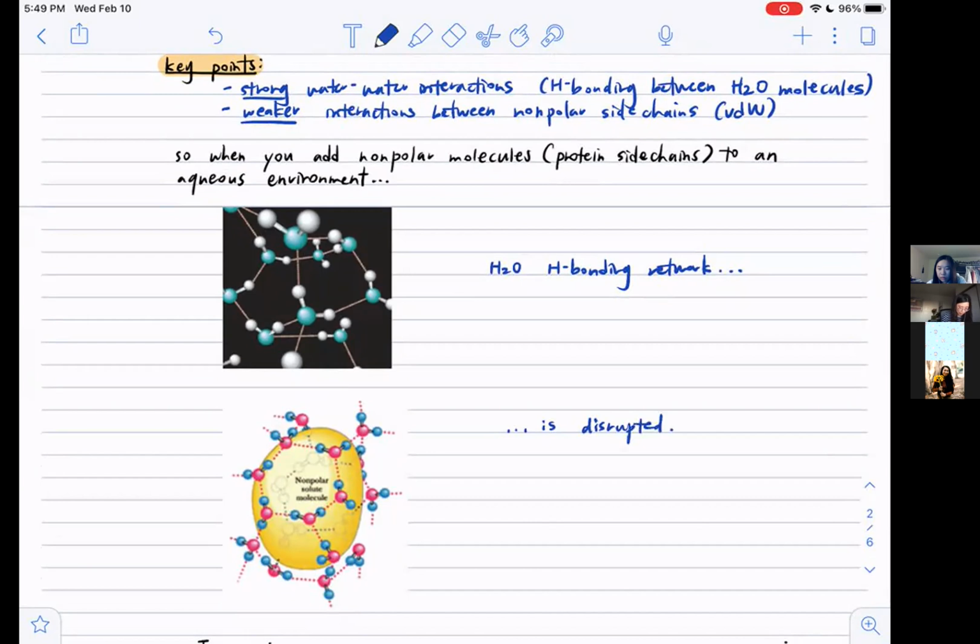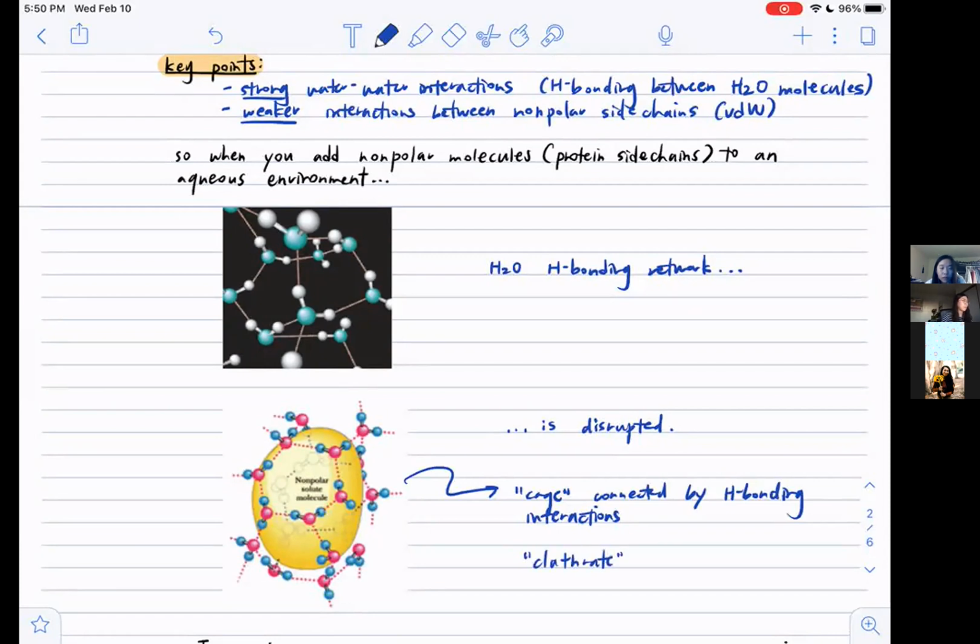And so that's depicted in the cartoon. You can see that the hydrogen bonding network has to go around the nonpolar solute molecule, and it creates a sort of cage connected by hydrogen bonding interactions. And I think this is sometimes called a clathrate, but I don't think that's important.